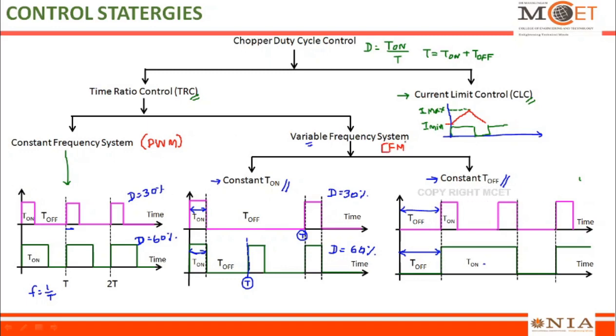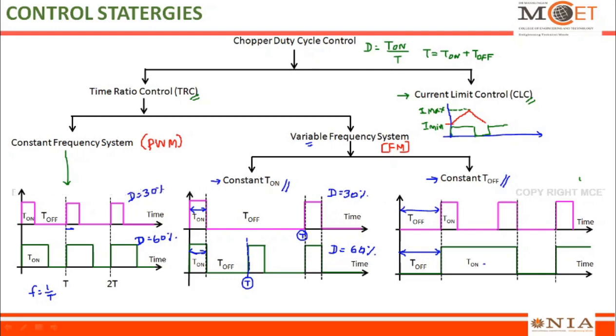So these two have the names of PWM, that is pulse width modulation control, and frequency modulation control. There are a lot of advantages in PWM control when compared with the frequency modulation control. Let us see what the advantages of PWM control over the frequency modulation control, variable frequency control, are.